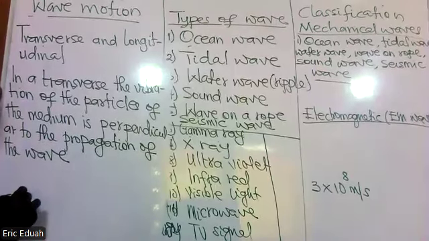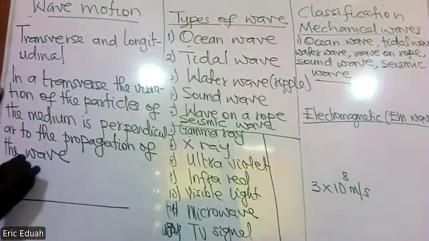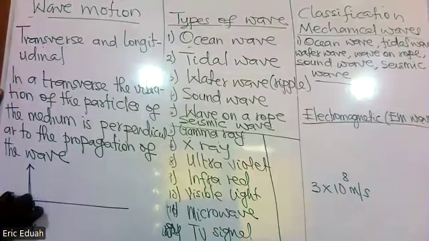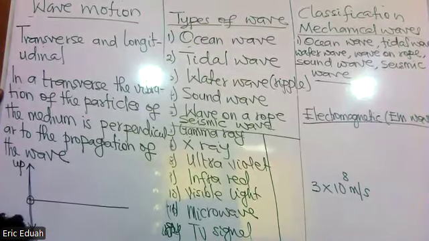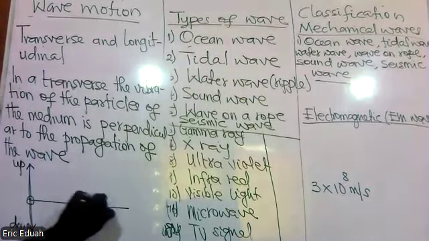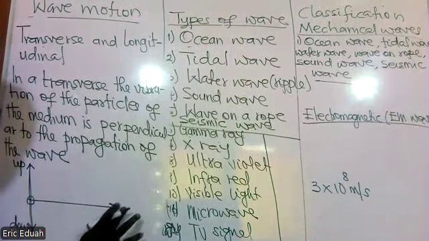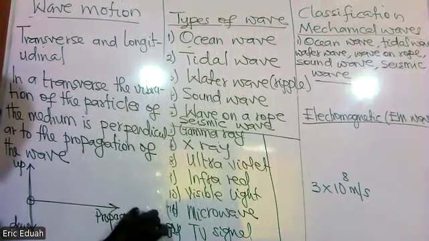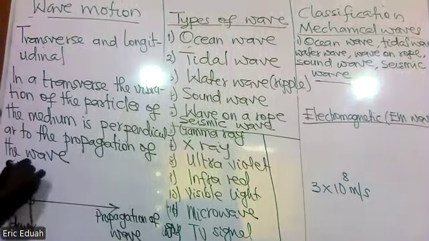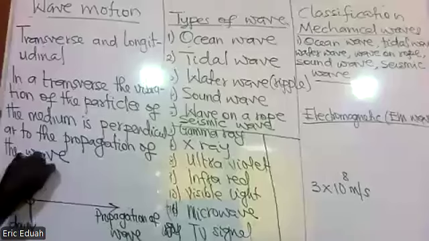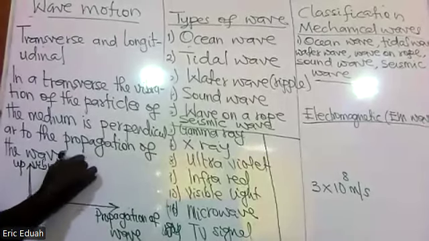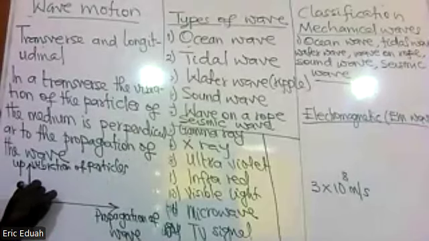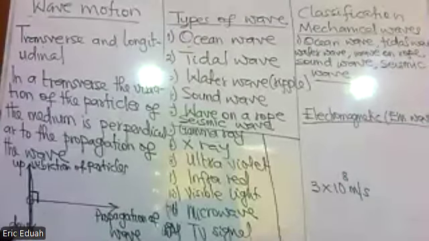So under transverse wave, we have this as the up and down vibration of the particles, and we have this as the propagation of the wave, and the up and down vibration of particles is always perpendicular to the propagation of the wave.